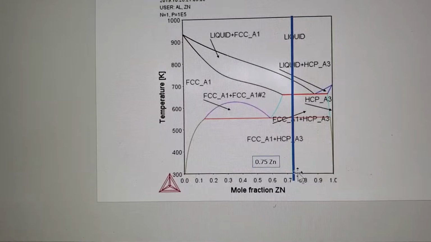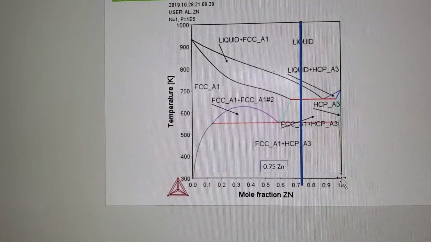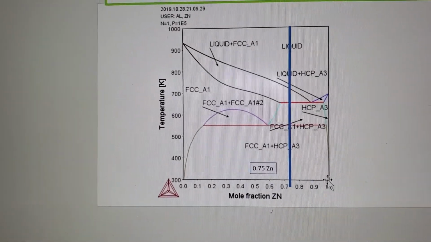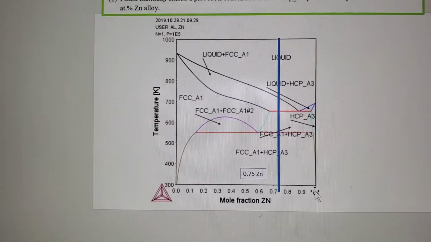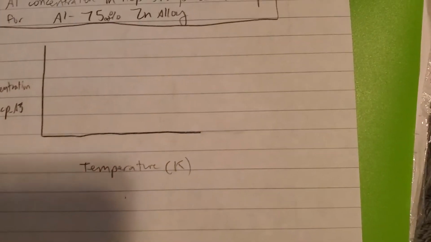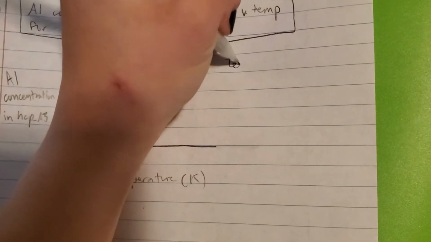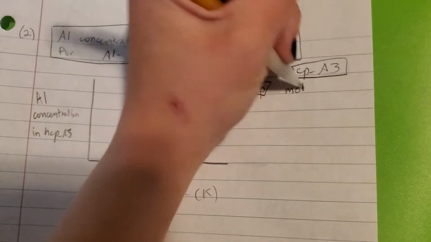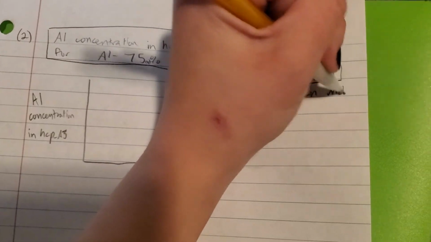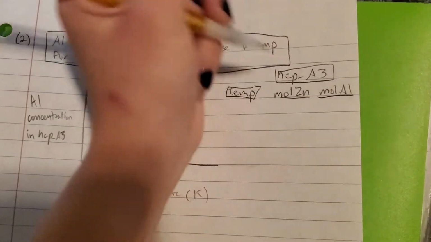So at 300, look to the right, it's 1 mole of zinc and 0 moles of aluminum. So we're going to write that down on our piece of paper for temperature, and then HCP-A3, we're going to note the moles of zinc and the moles of aluminum.